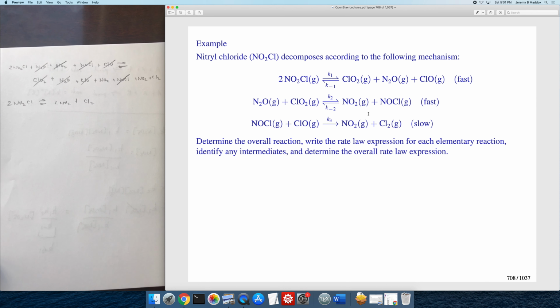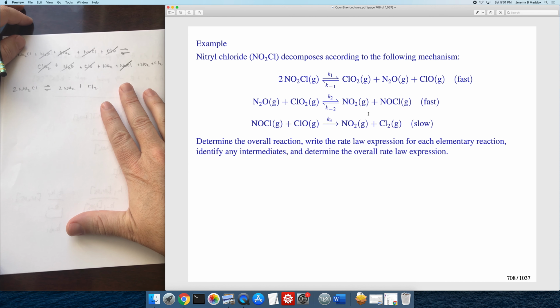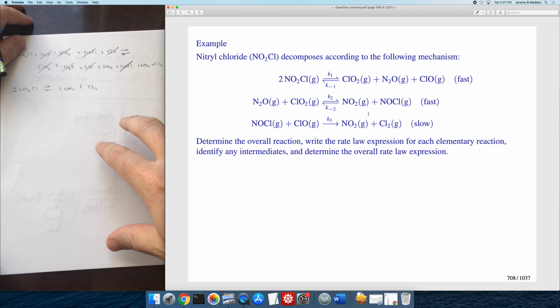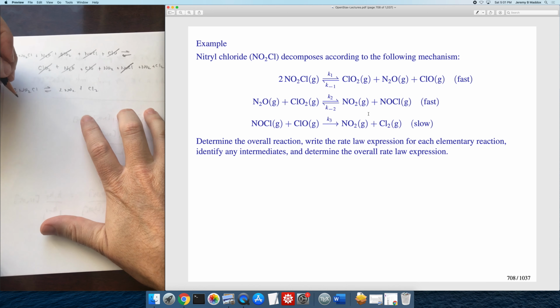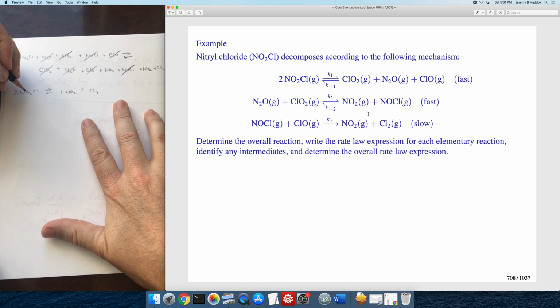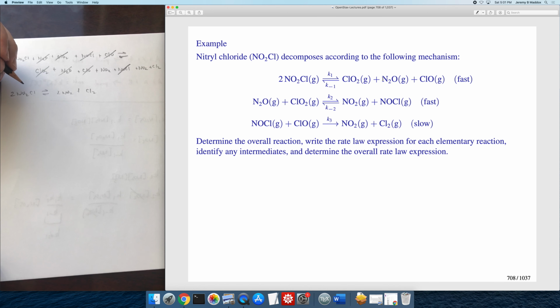All of the things that canceled out are intermediate species. So the N2O, the ClO2, the ClO, these are the intermediates in the chemical reaction. They don't appear in the overall stoichiometric reaction. Now we're being asked to write out the rate law expression for each elementary reaction. Well, that'll be fun. So let's do the rate law for the forward step.